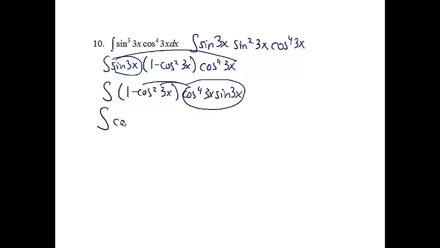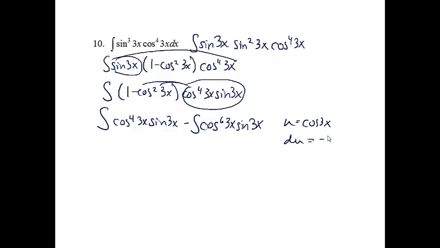So now I will get the integral of cosine to the fourth 3x sine 3x minus the integral of cosine to the 6th 3x sine 3x. And I am now ready for a u substitution. I am going to let u equal the cosine of 3x, and so those are the ones that have the powers. du will be negative 3 sine 3x.